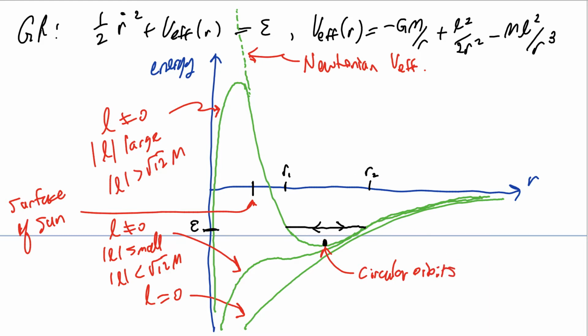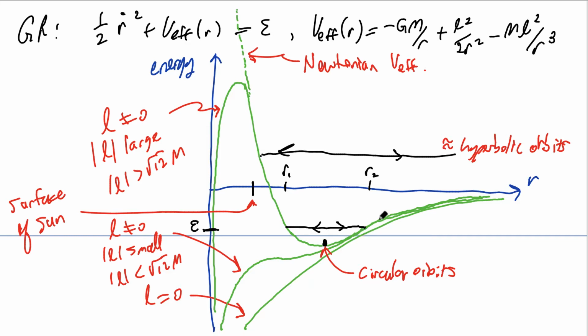We can also have orbits where the effective particle comes in from infinity, reflects off the potential, and goes back out to infinity. So these are going to be the nearly hyperbolic orbits. I'll say approximately hyperbolic orbits.